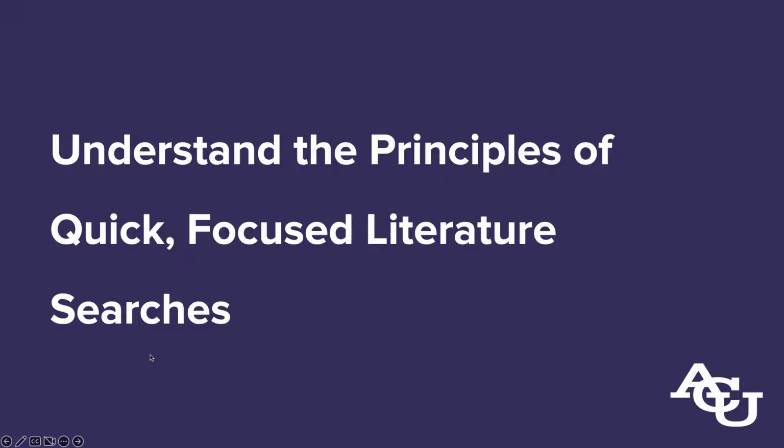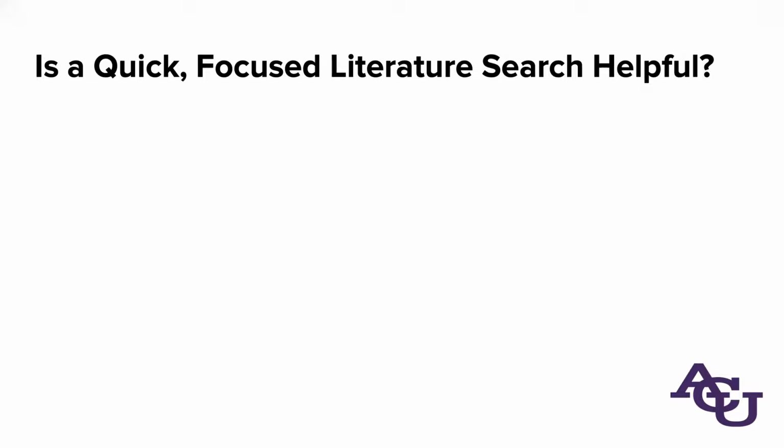So now let's take a look at the literature search portion. Now, when you are doing a search, it's important to keep in mind what your goals are. What are the outcomes that you want from this? And that will determine how you do the search and whether you're going to be trying to do an exhaustive search or a quick focused literature search, which, if you're just asked to get 5 sources, is probably what you're going for.